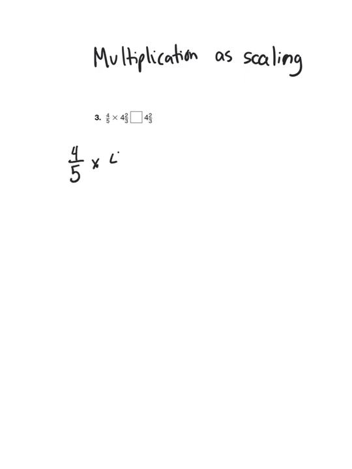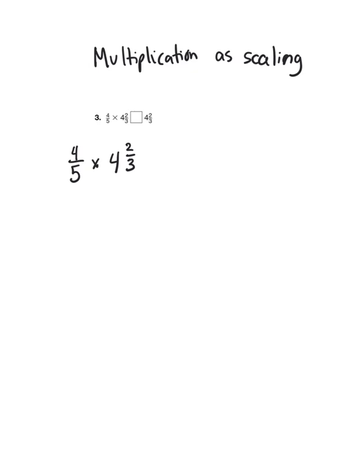Okay, let's look at number 3 and talk about what we mean when we say multiplication as scaling. So when we talk about multiplication as scaling, what we want you to understand is that when you multiply 4/5 times 4 2/3, we're taking a piece of 4 2/3.